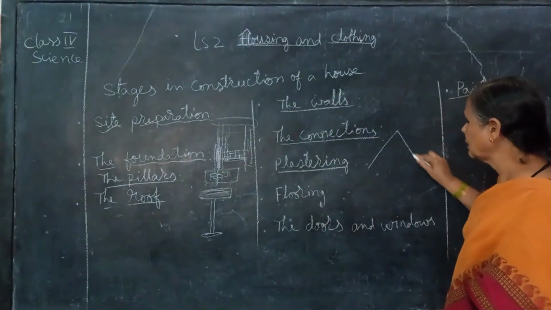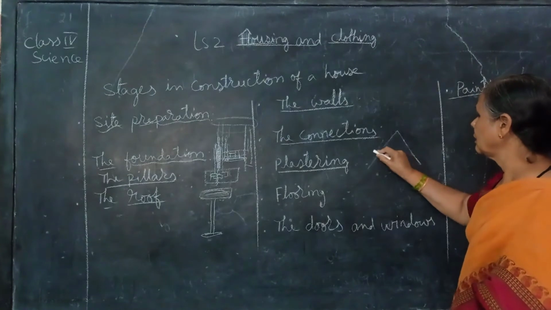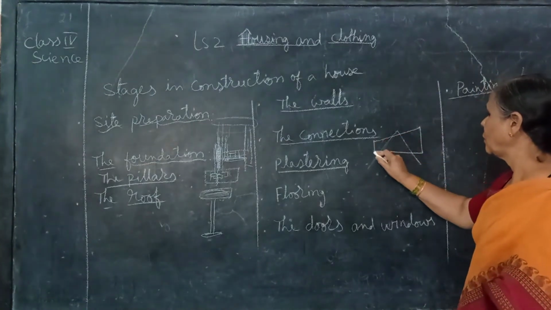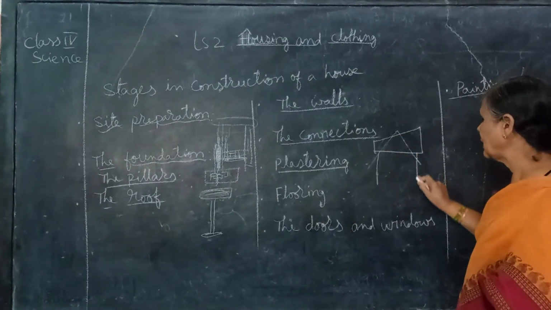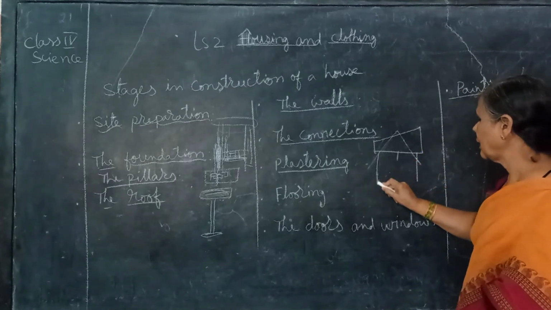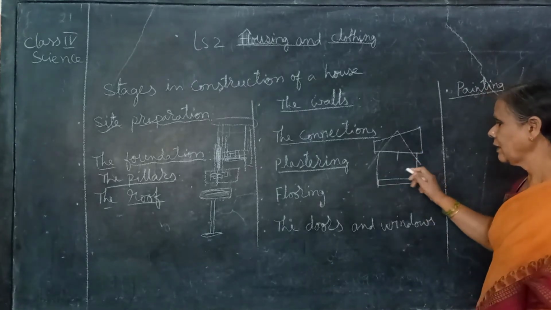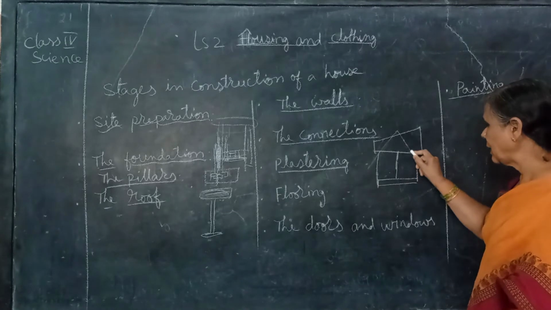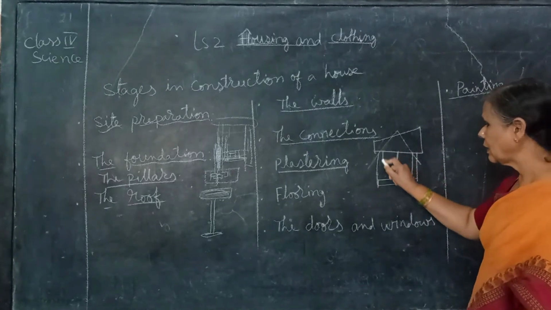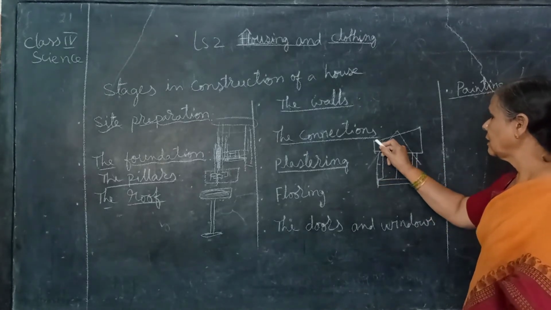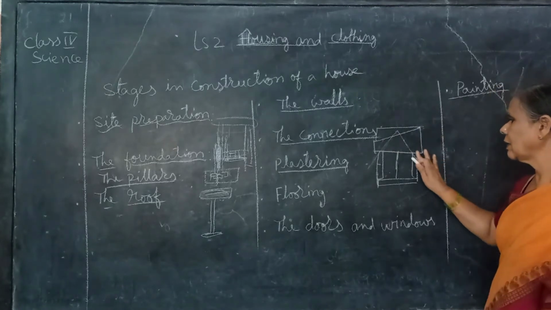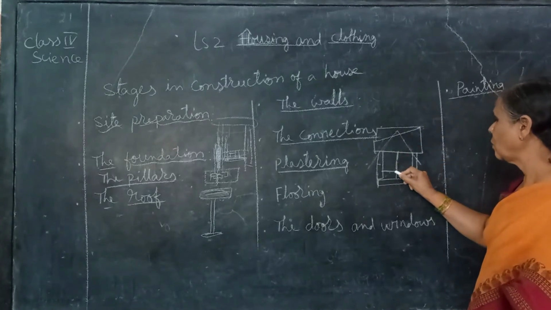See, this is the top floor, and these are the pillars, and after that this is the flooring. You can see the small ones, which are pillars, and the roof is also covered with this. Then these are the walls.